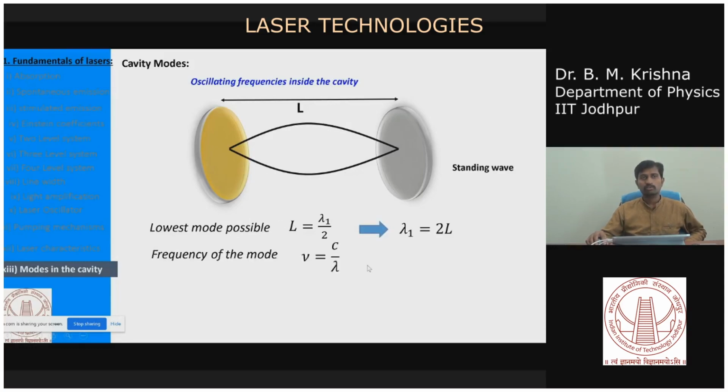The frequency is the velocity of light divided by wavelength. From that, the lowest possible mode frequency is c over 2L.